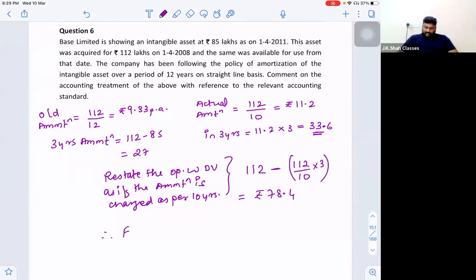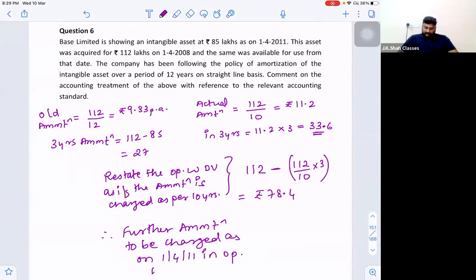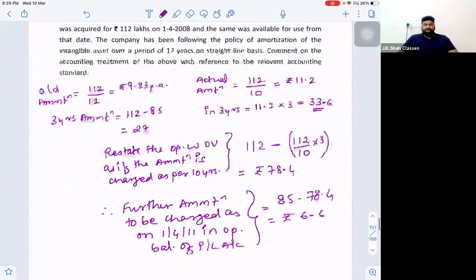So therefore, the further amortization to be charged as on 1st April 2011 in the opening balance of the PL account will be how much? Sir, it will be nothing but 85 minus 78.4, that is rupees 6.6.